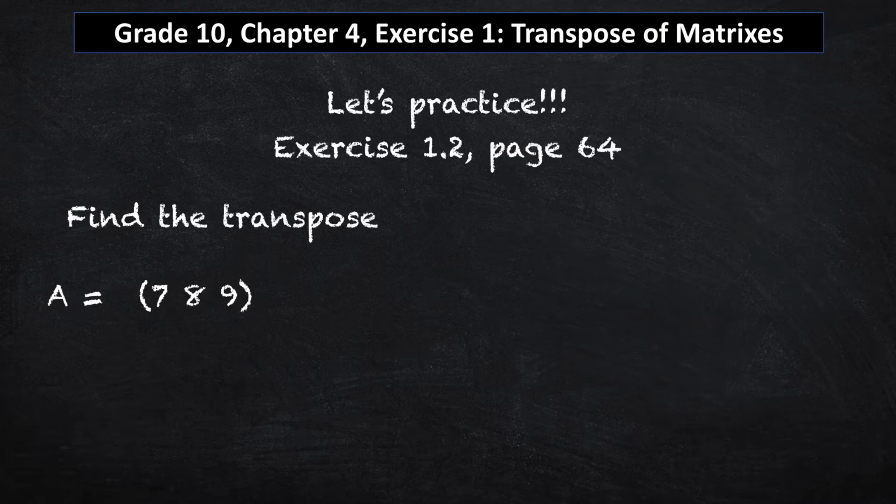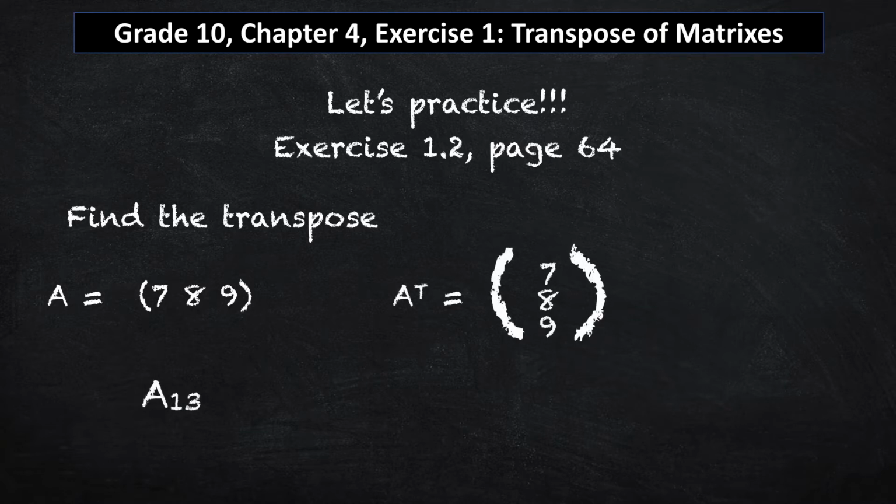So we have to find the transpose of the matrix A, and its transpose is this matrix. So when the original matrix is a 1 by 3 matrix, the transpose is a 3 by 1 matrix. So if in the original one I have 1 row and 3 columns, in the transposed one I will have 3 rows and 1 column.